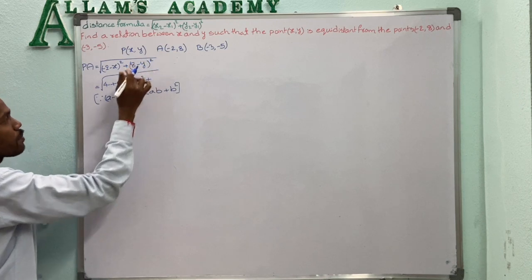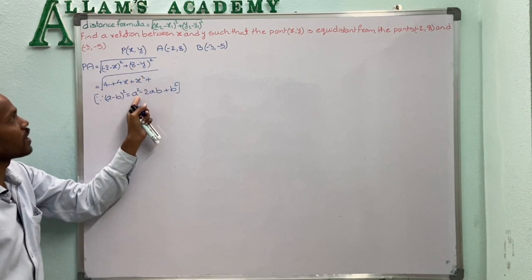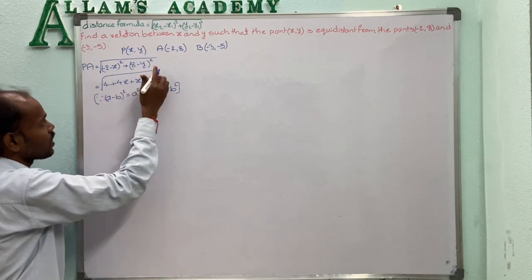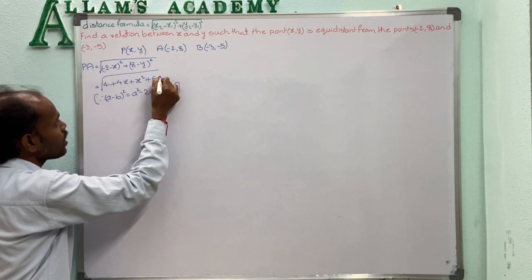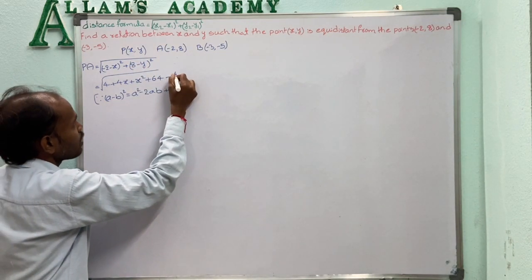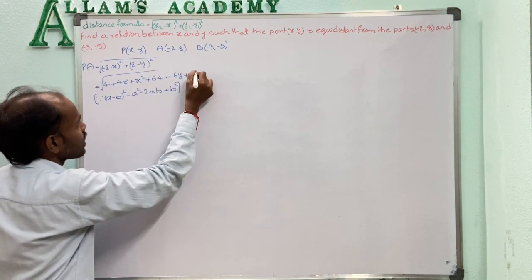Plus (8 minus y) whole square. So in (a minus b) whole square, a equal to 8 and b equal to y. So a square equal to 8 square is equal to 64, minus 2ab, 2 into 8 into y, that is nothing but 16y, plus b square, y whole square, that is y square.